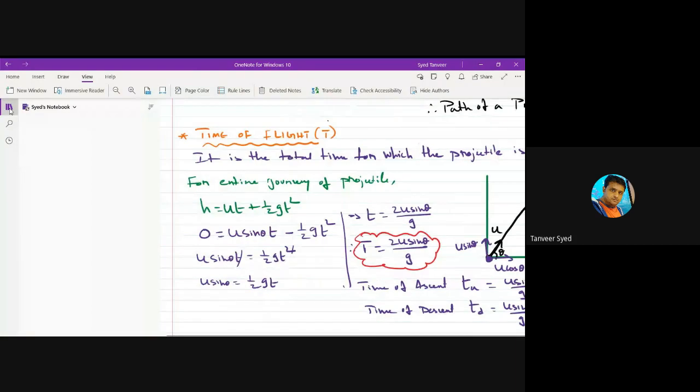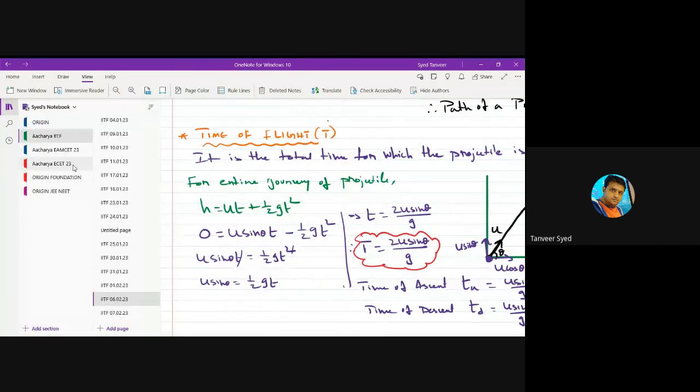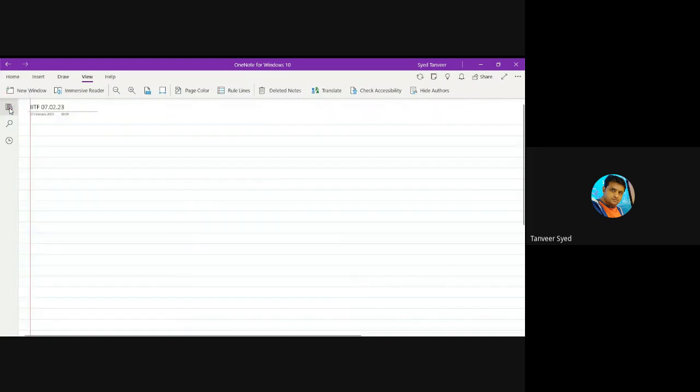Next is we have relations for maximum height and horizontal range. So let us see, first of all, what is maximum height?